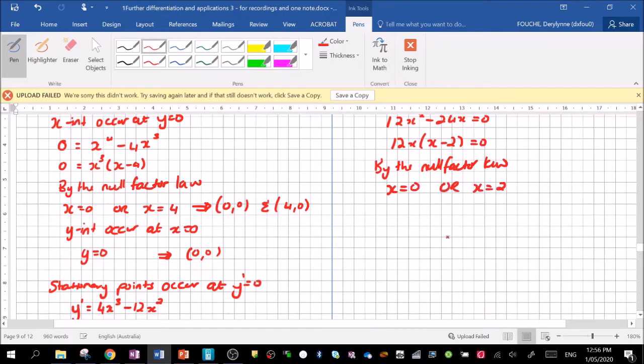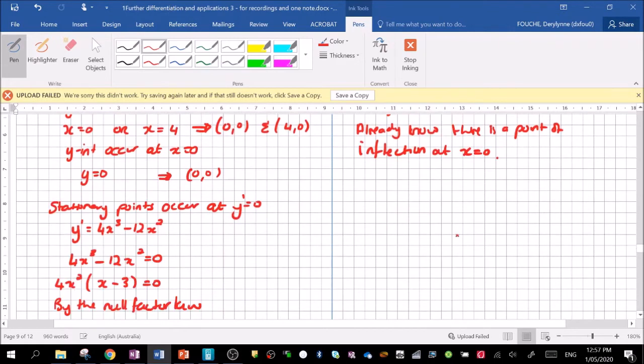Now I already know there's a point of inflection at x equals 0, so I know what's happening there. But I need to find out what's happening at x equals 2.